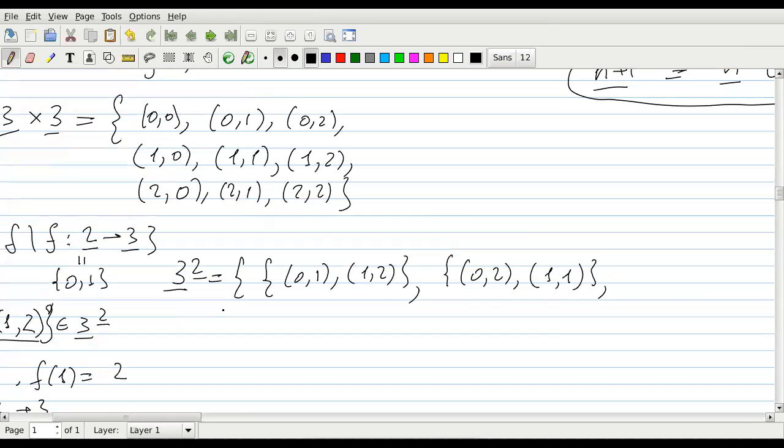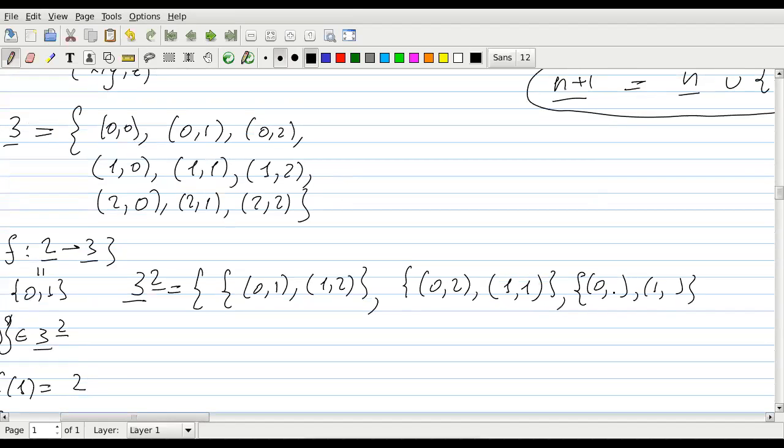So, by the way, how many such functions do you have? What do you think? How many such functions are possible? Every such function has the following form: 0 something, 1 something else. How many ways are here to fill these gaps in? 3 ways for this one.